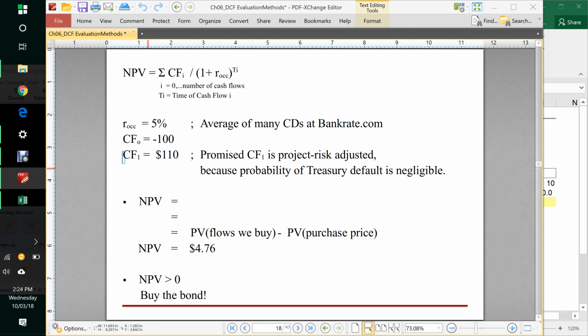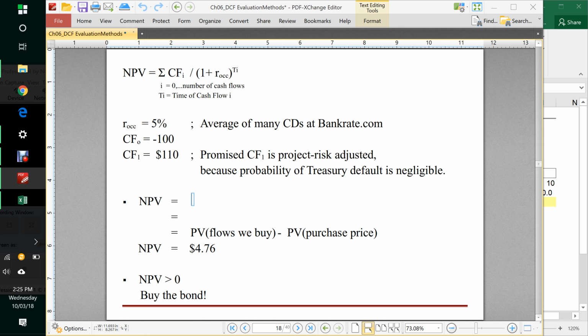We don't have to worry about any risk adjustment here because, as you will learn in the video on Chapter 4, Treasury investments are considered to have a negligible probability of default. So essentially, we treat them as risk-free, although of course we know the Treasury could default. We assume it's not going to. So we can use that cash flow as is, no adjustments.